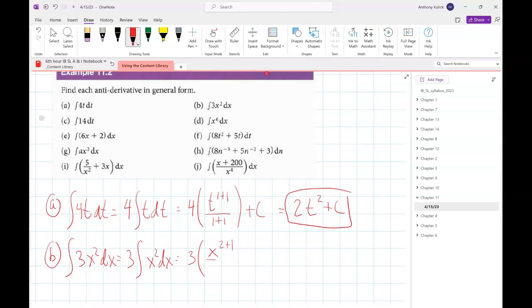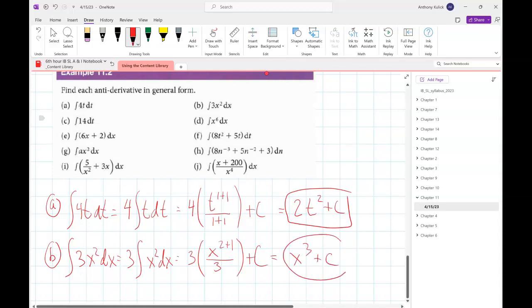You could just say 3 there too as well. That would be okay. And that simplifies then to just x cubed plus c, right?